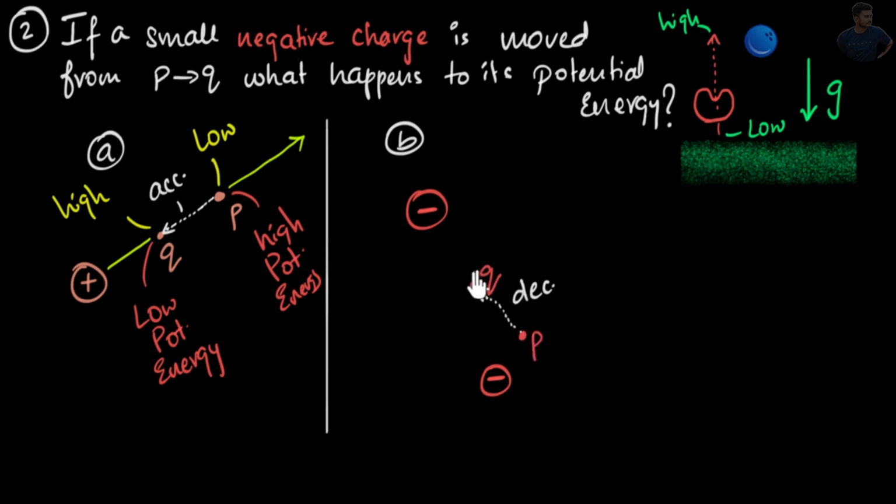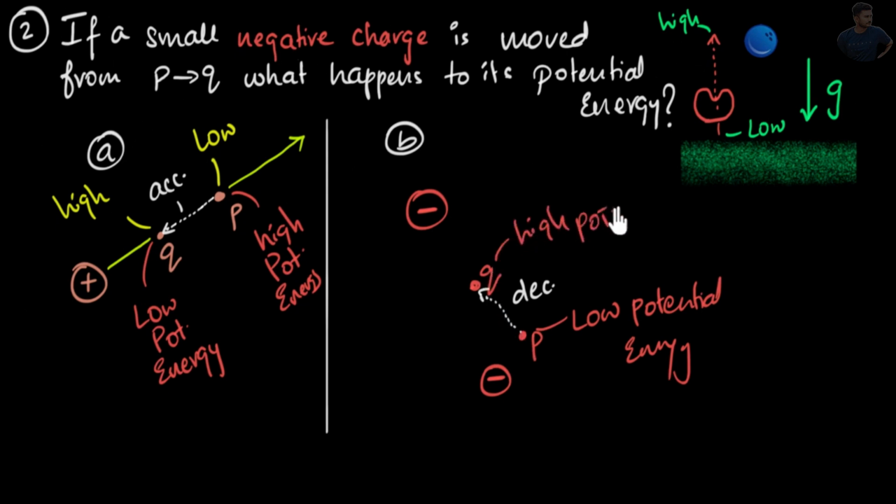All that kinetic energy gets converted to potential. So it should have low potential energy here, and as it goes over here, its potential energy picks up, picks up, picks up, and so it should have high potential energy here.